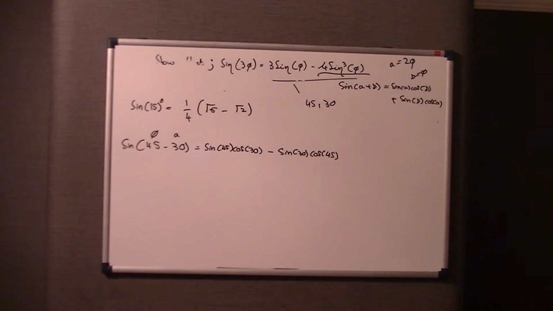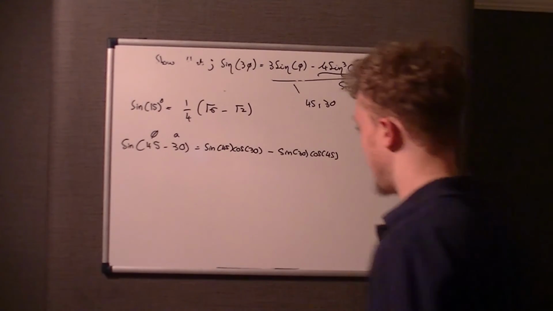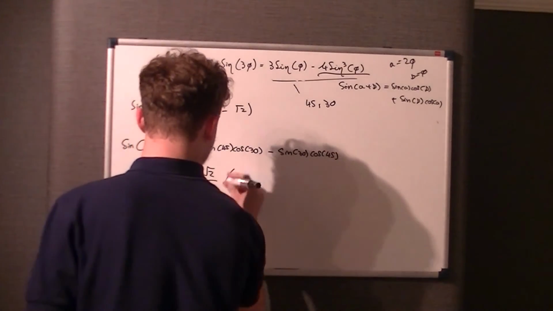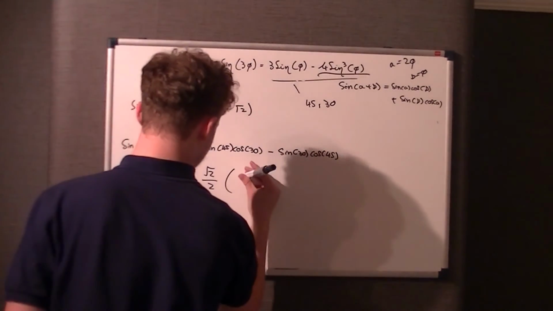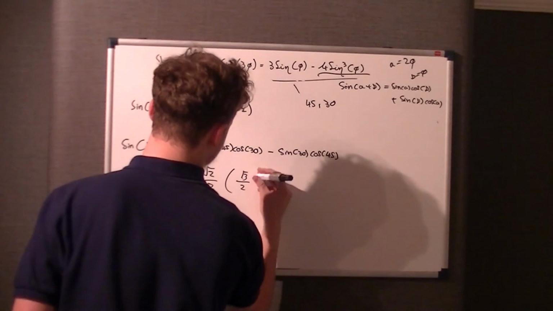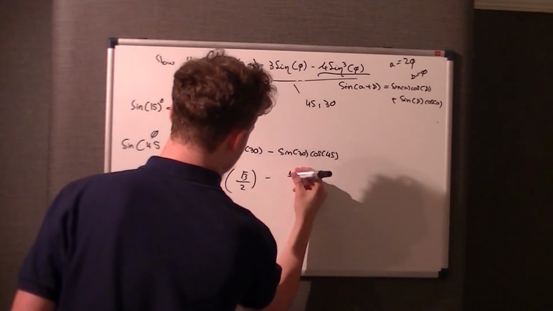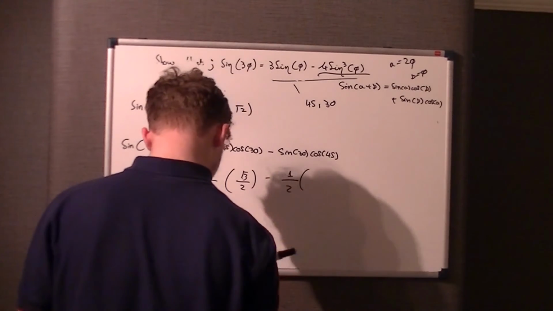They should give you fractions: sin 45 should be √2/2, and cos 30 should be √3/2, and you take that away from sin 30, which is a half, times cos 45, which is √2/2.